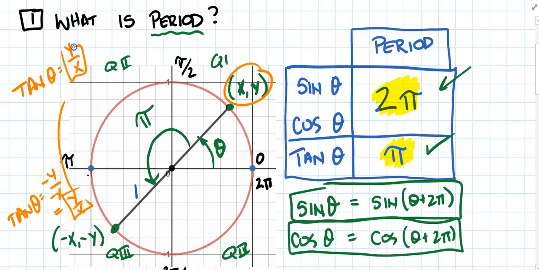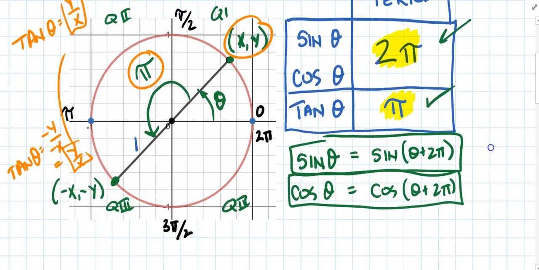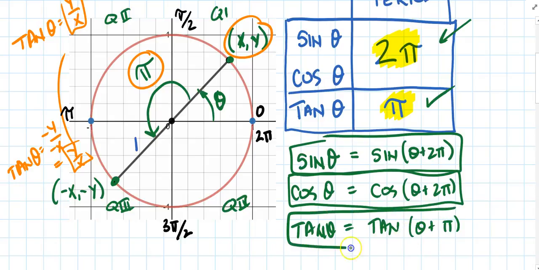So therefore, it only takes me pi radians to get back to this same value, versus with sine and cosine. So the statement that we can write for tangent would be the tangent of theta is equal to the tangent of whatever angle you're starting with plus pi. So these are the statements that we want to take away from box 1, and hopefully the picture illustrates why the period for sine and cosine is 2 pi, but yet the period for tangent is only pi.